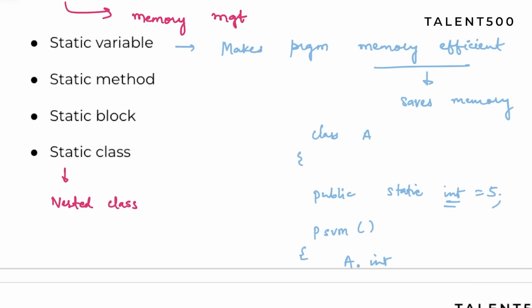Okay. Now we will discuss your static method. When you talk about a static method, you put a static keyword with any of your methods, and then it becomes your static method. A static method belongs to the class rather than the object of the class. The same way you called a static variable, you can call a static method just by the class name: class name dot method name.